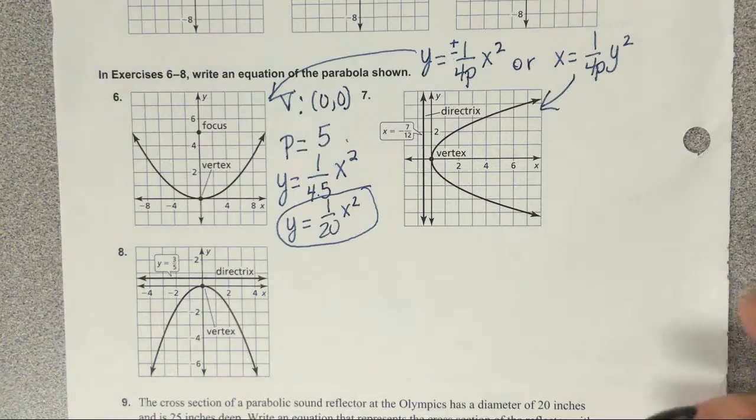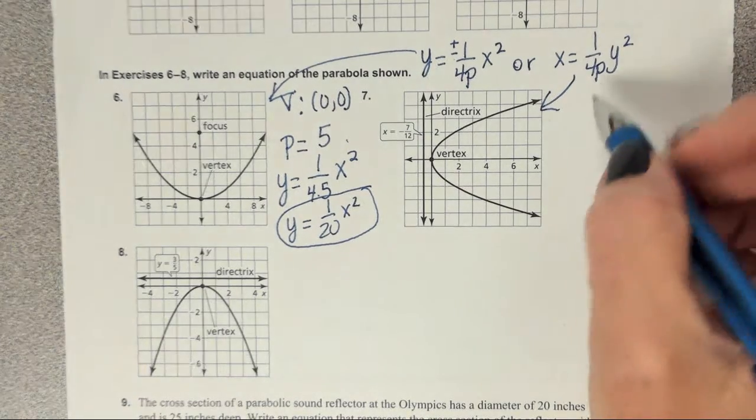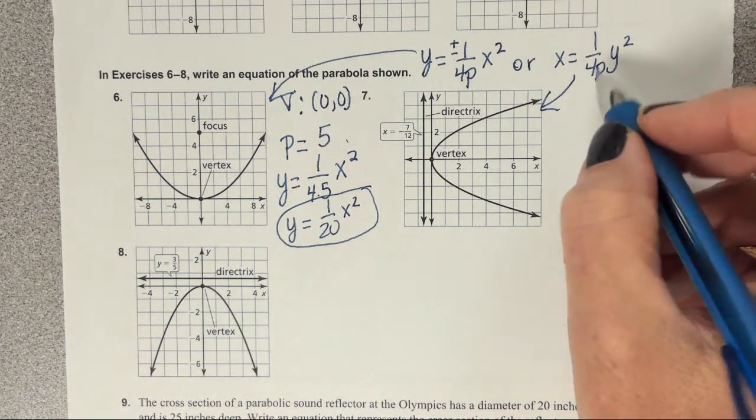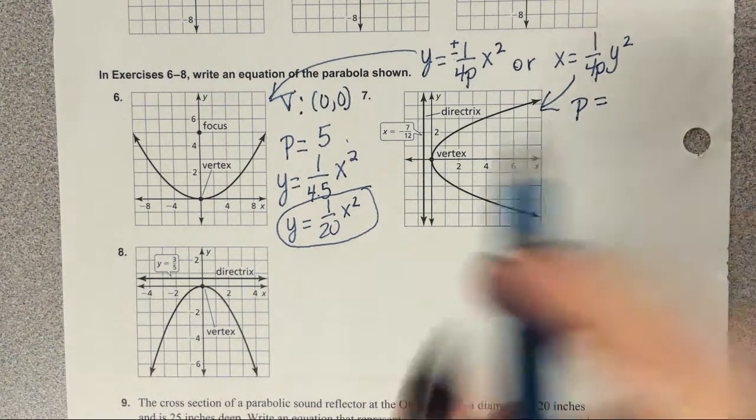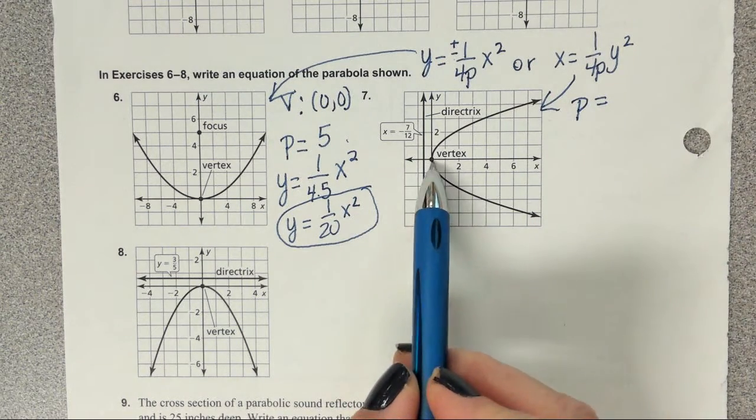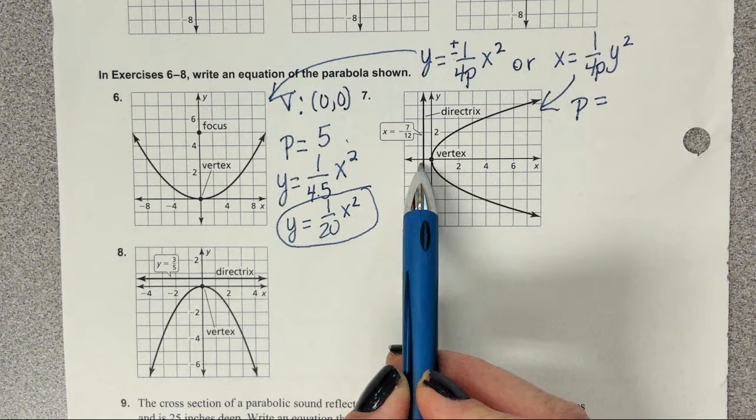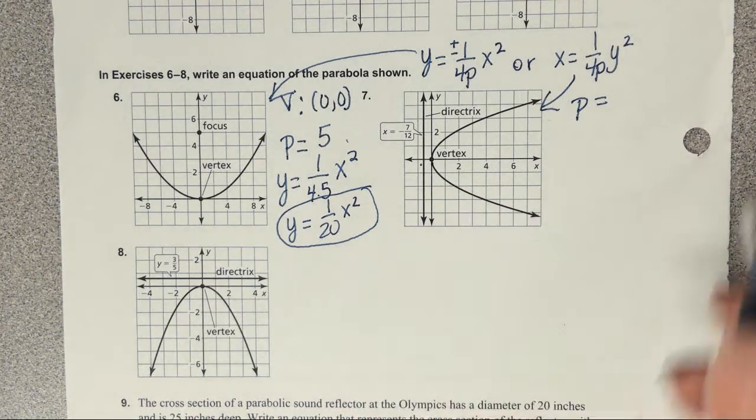Okay. All right, so on this one then, our vertex didn't change any. And so here the p-value, though, is going to be the distance from the vertex to the directrix. How far is it from 0, 0 over to negative 7, 12? 7 12, right?